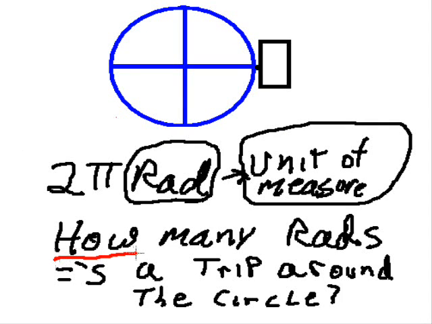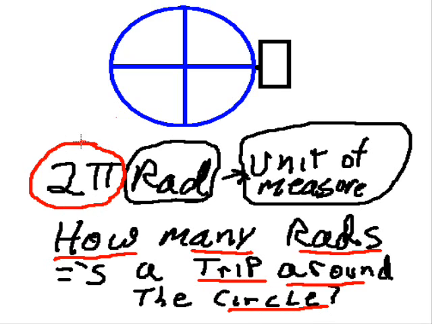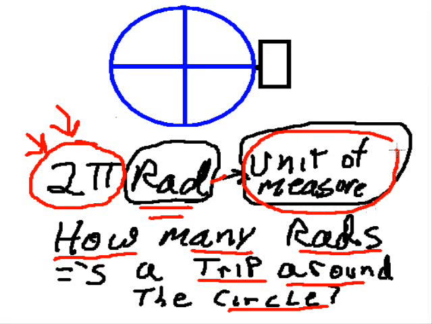So how many rads equals a trip around the circle? 2 pi rads. 2 pi worth of rads is a trip around the circle. A rad is the unit of measure. 2 pi rads is one complete trip around the circle.